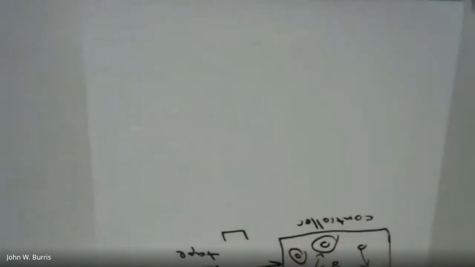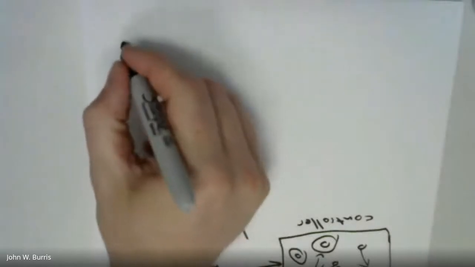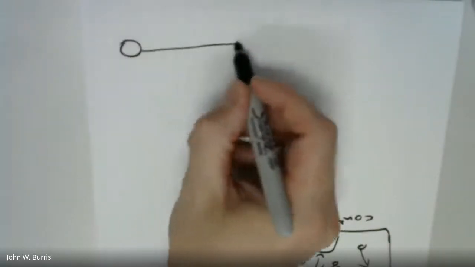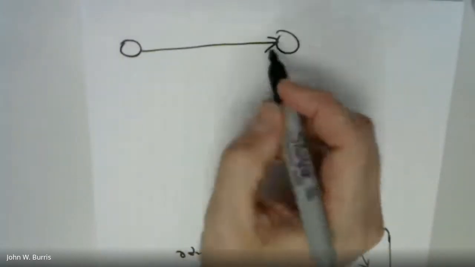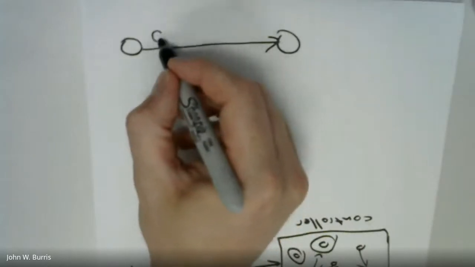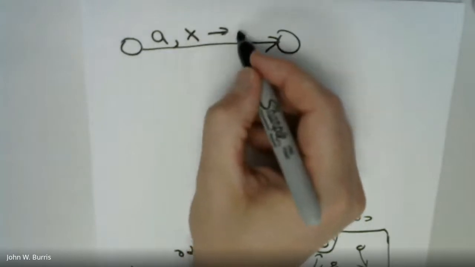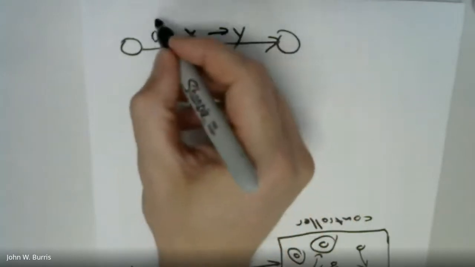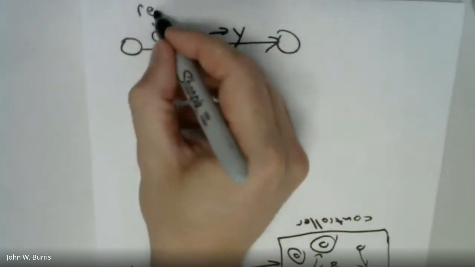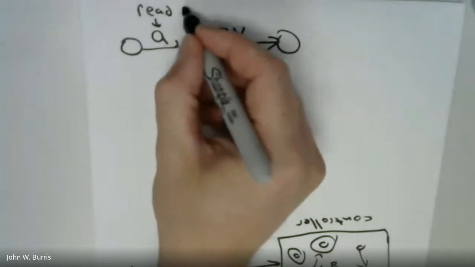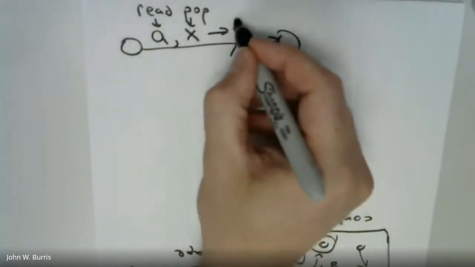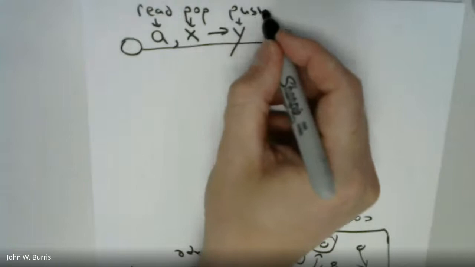In fact, we had previously on a PDA, from one state to another state, a character that we read, a character that we popped, and a character that we pushed. This was read, this was pop, and this was push.